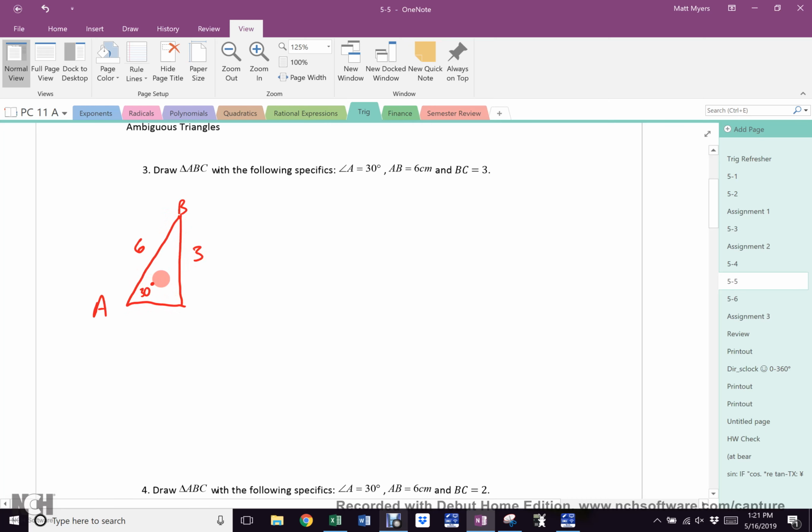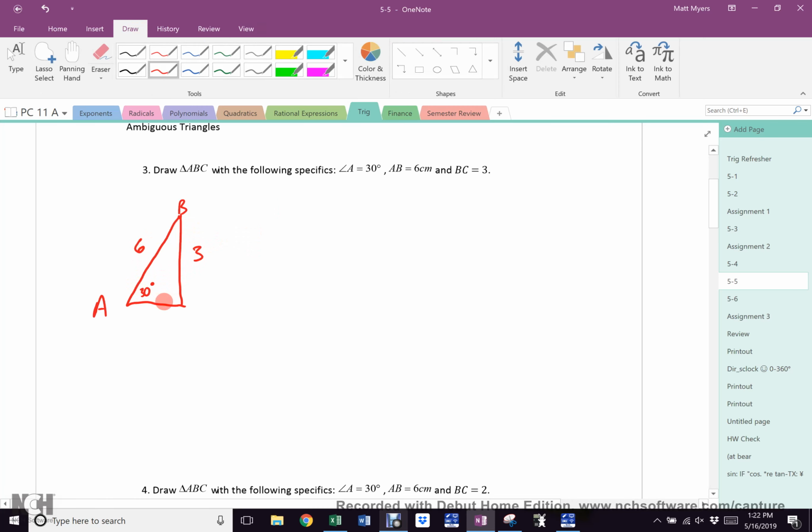All right. Now, it's been drawn. We're going to have a look at it. If, and this is okay because I do have enough information, if I were going to do trig with this, what trig could I do right now if that is a right angle?